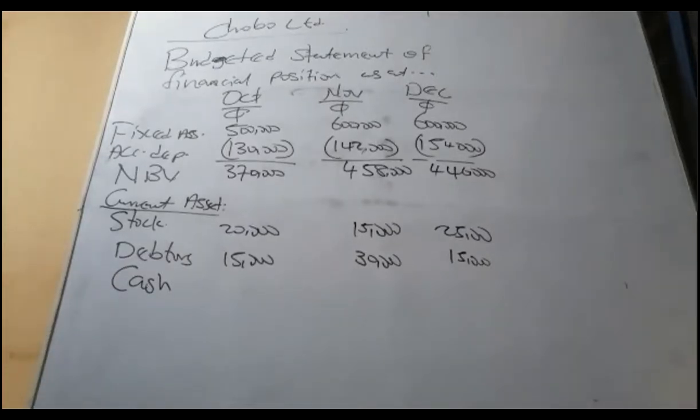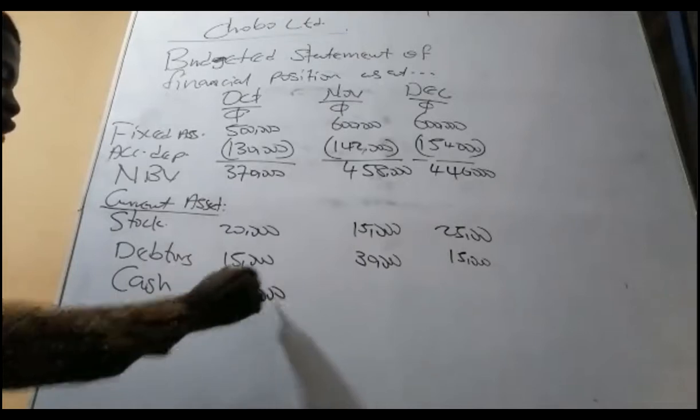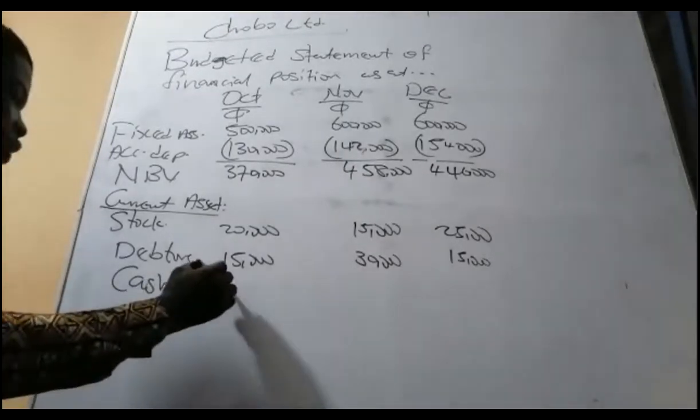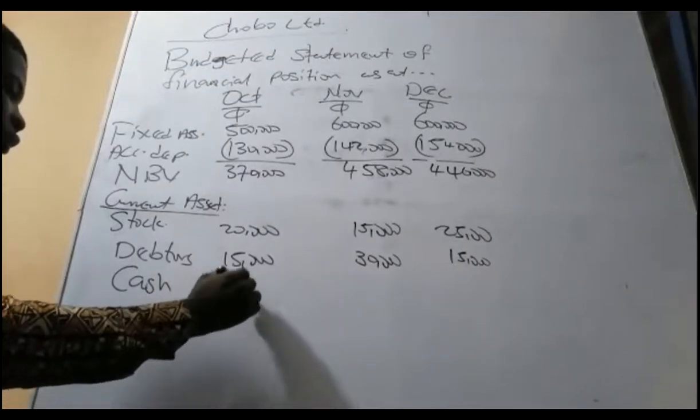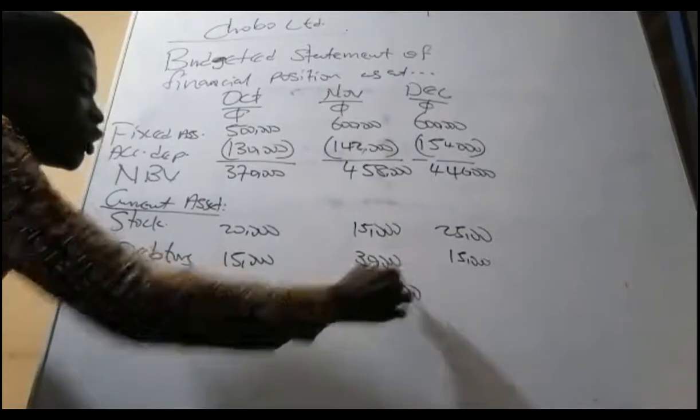For cash balance, I have to pick the cash budget. So it was 122,000. But it's not true. Okay, so it's 115,000, then 114,500.